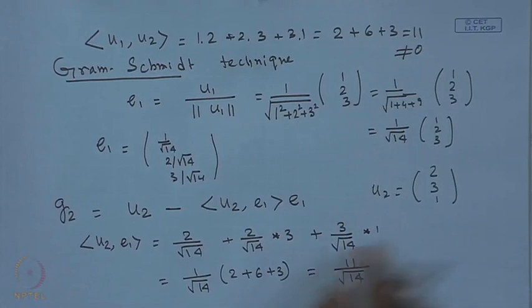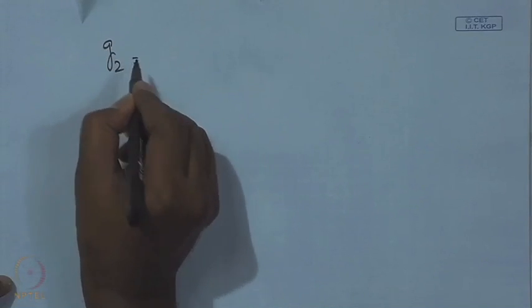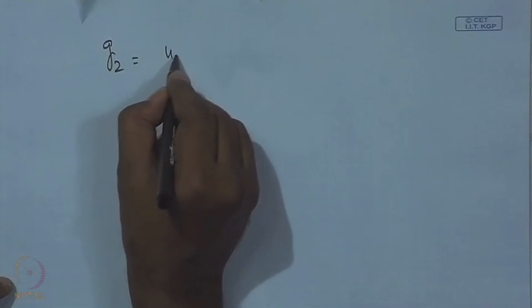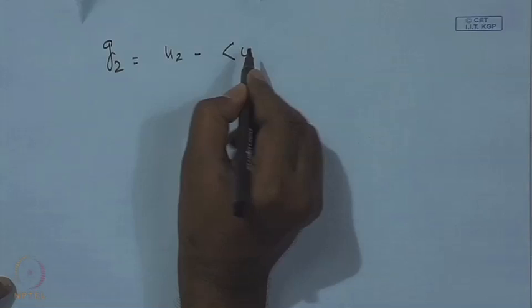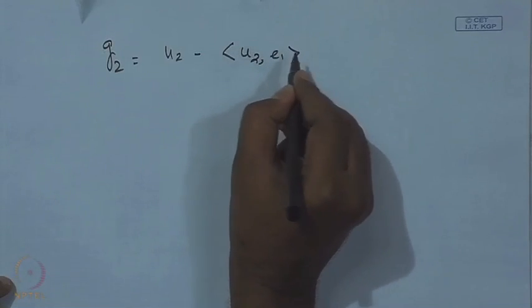Now, we are in a position to formulate the vector g2. g2 becomes u2 minus the inner product of u2 and e1 multiplied by e1.